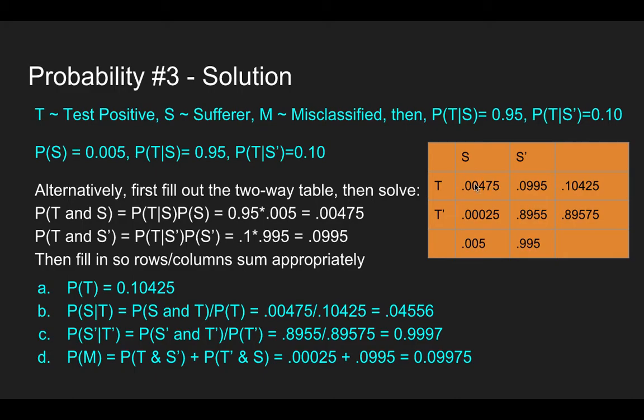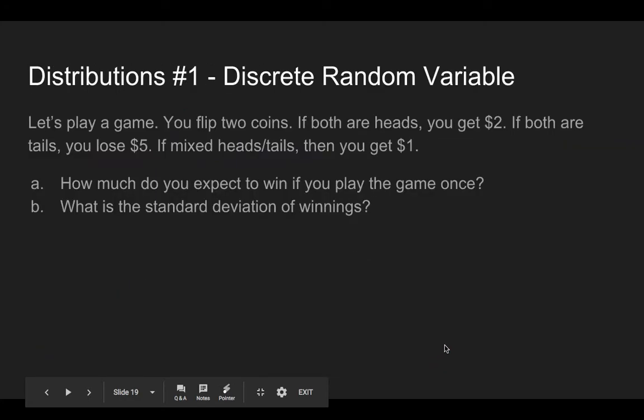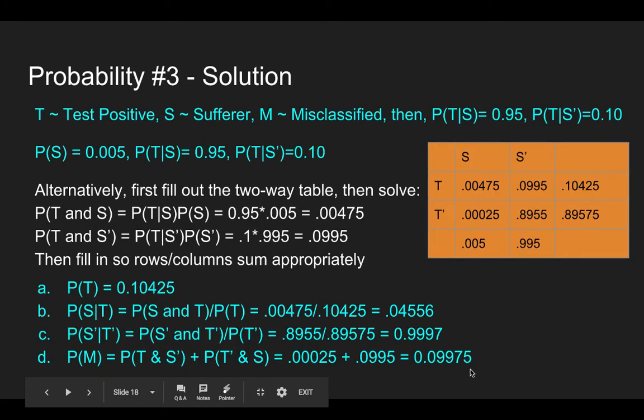A little under 0.5% of people have cancer and get tested for it, and get classified as having cancer, which means that this group and this group are misclassified. So simply add those together to get your result. It's math. All roads lead to Rome. If you like doing it this way or with Bayes' rule, have at it.